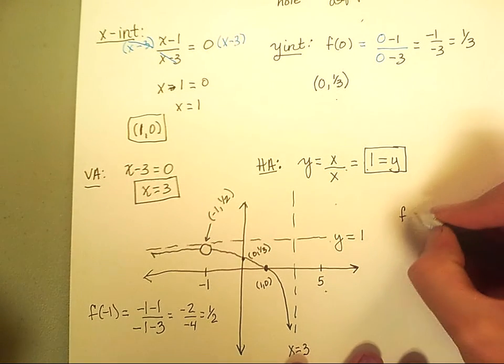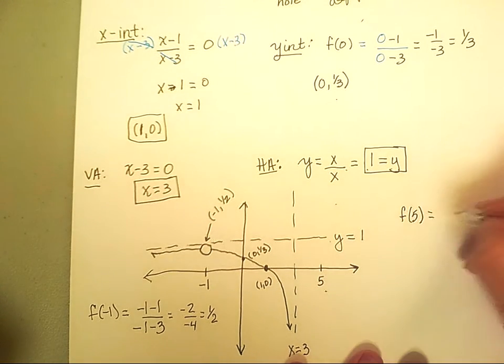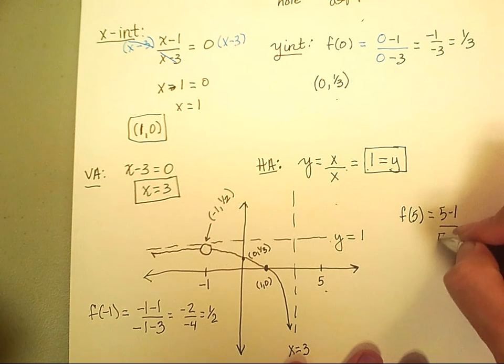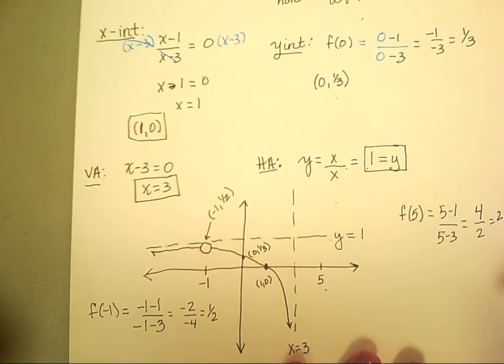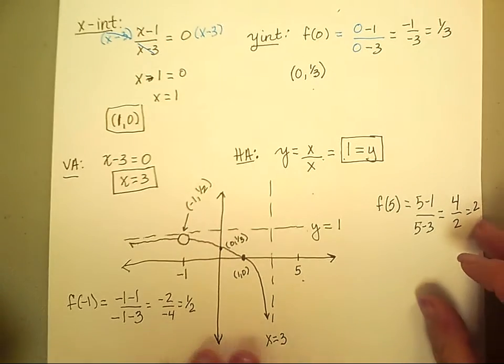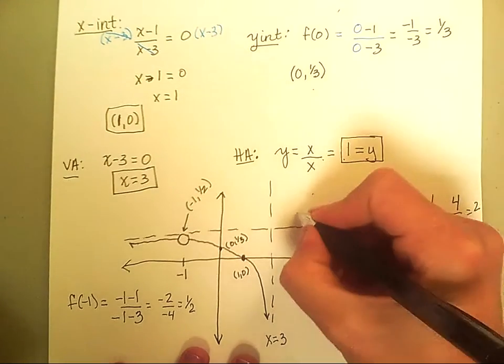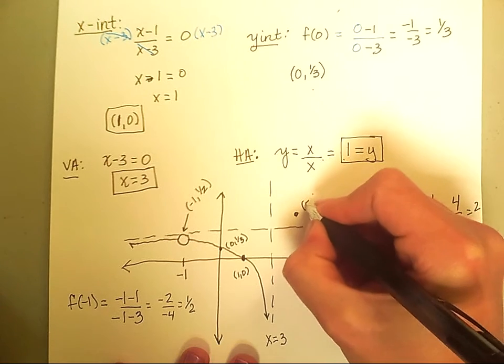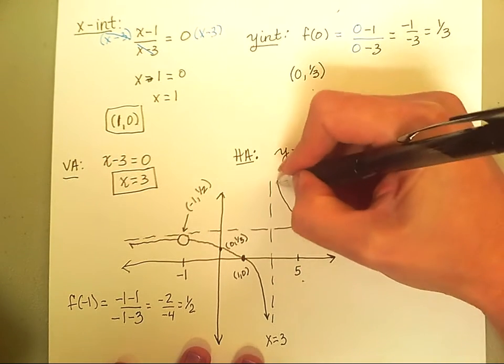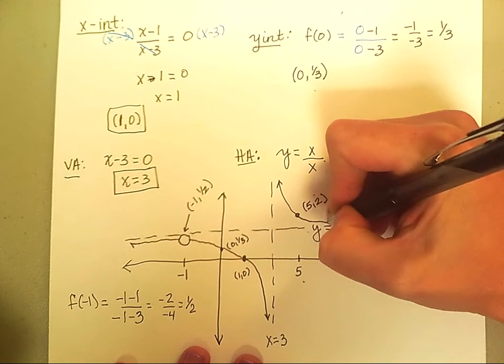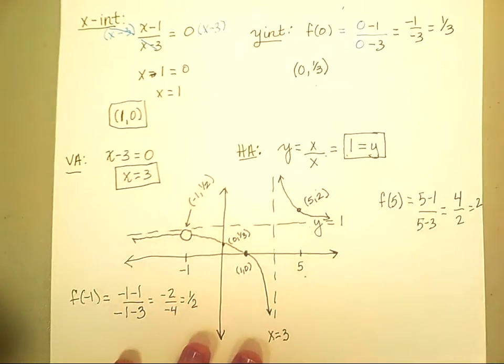Something to the right of 3, and we'll find f of 5, which is 5 minus 1 over 5 minus 3, which is 4 over 2, which is 2. Okay. So at 5, the function value is 2, which is above our asymptote. And from there, as a sketch, we will infer that the graph will look like this.